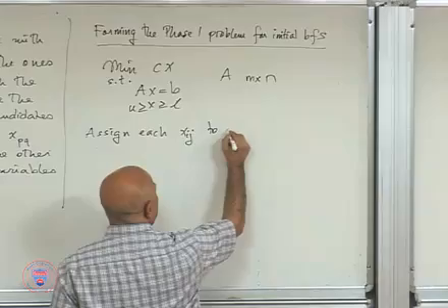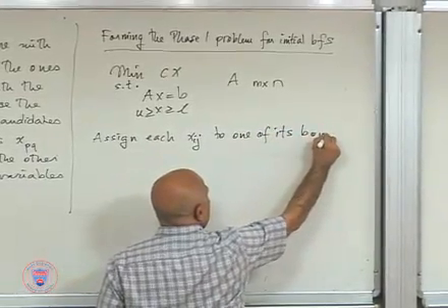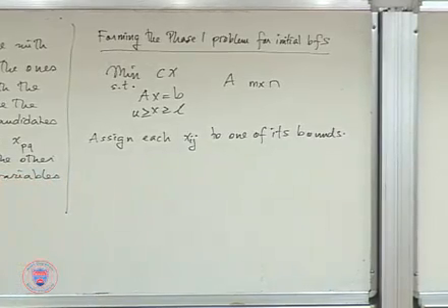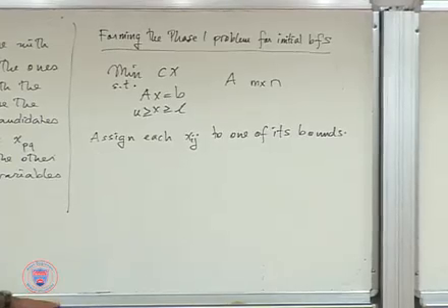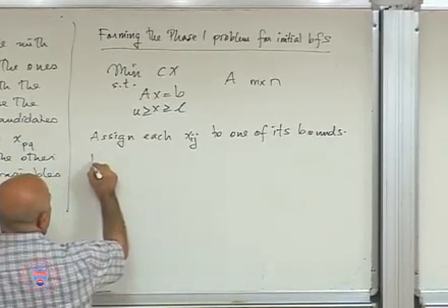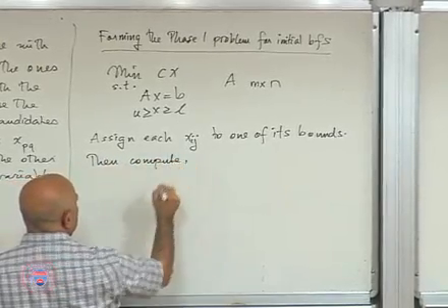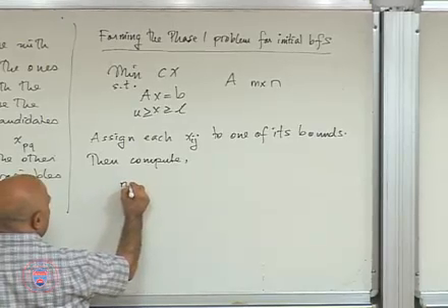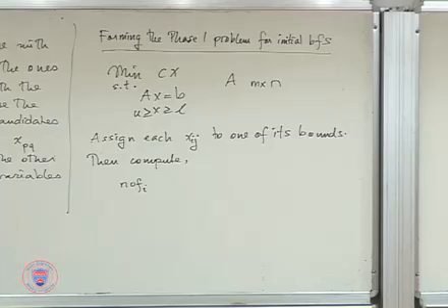Assign each xij to one of its bounds. They will all become non-basic, okay? And once you do this, then compute the total net outflow at node I with those assignments.